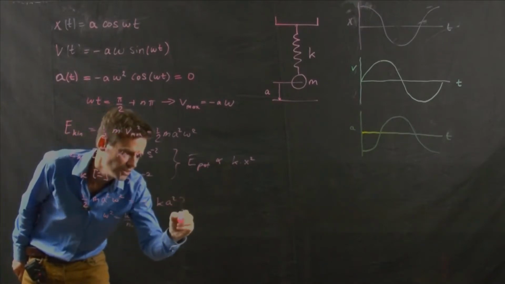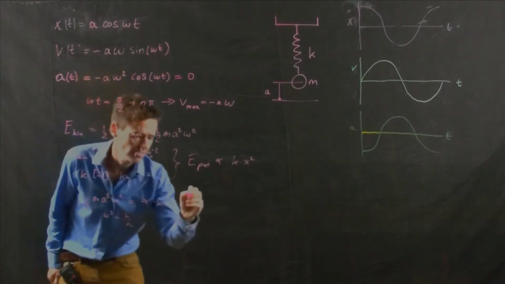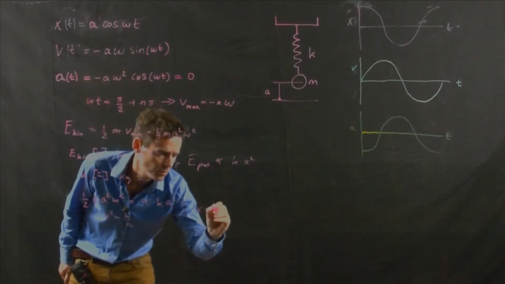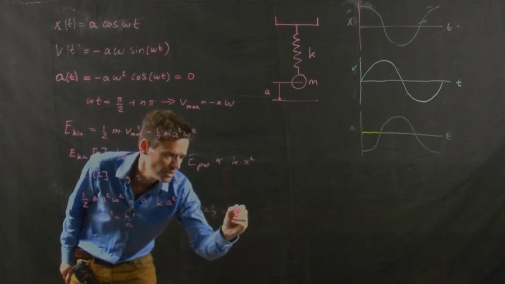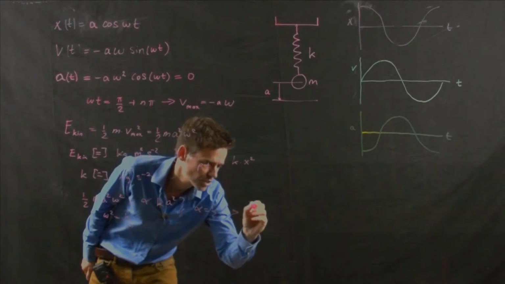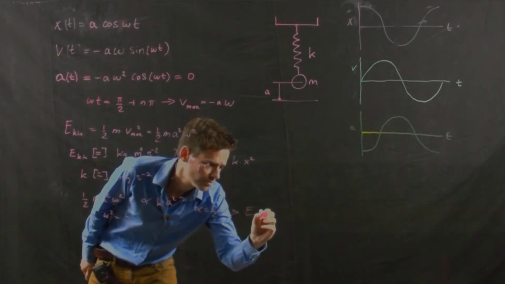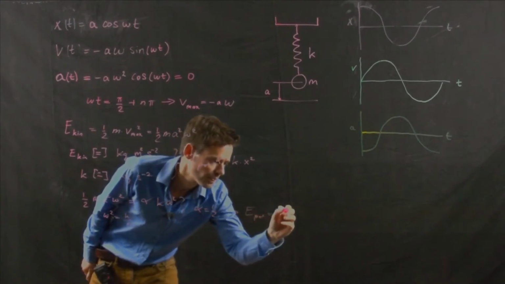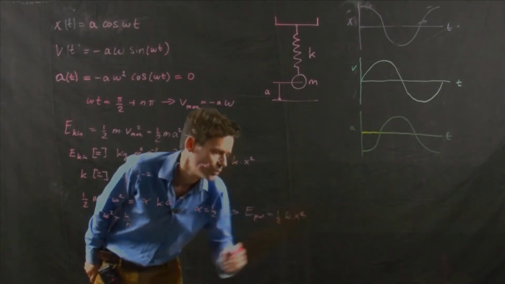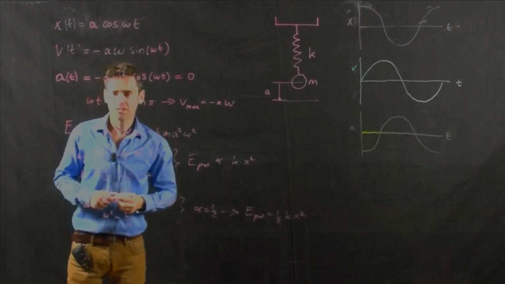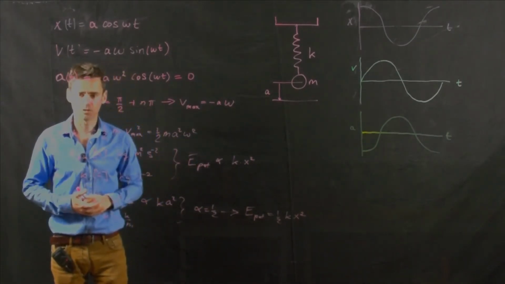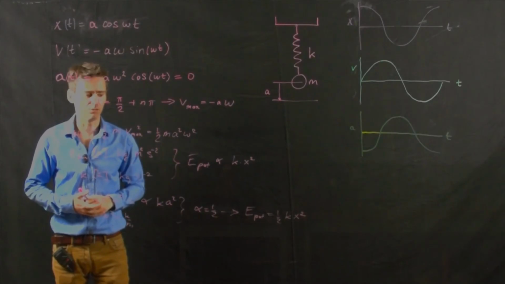Then we find easily by filling it out that alpha is 1/2. That means the potential energy of the harmonic oscillator is 1/2 k x squared. So now, using these formulas, we have solved the entire potential energy of the harmonic oscillator.